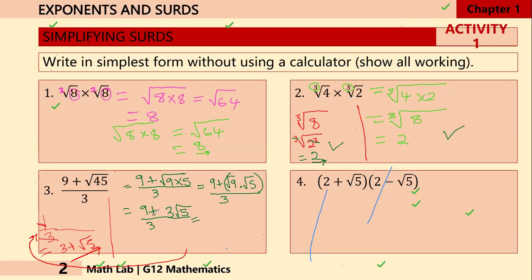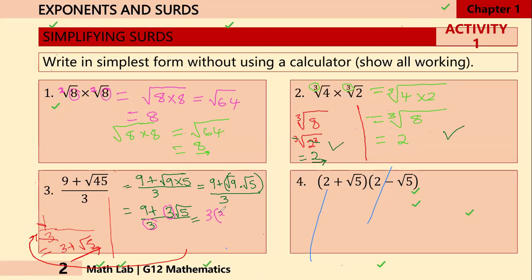Let me change the color here. Can you see that we've got 3 here, and we've got 3 here? And we know that 9 also is divisible by 3. So we can take 3 as a common factor, right? So it's going to be 3 into, if you say 9 divided by 3, what do you get?